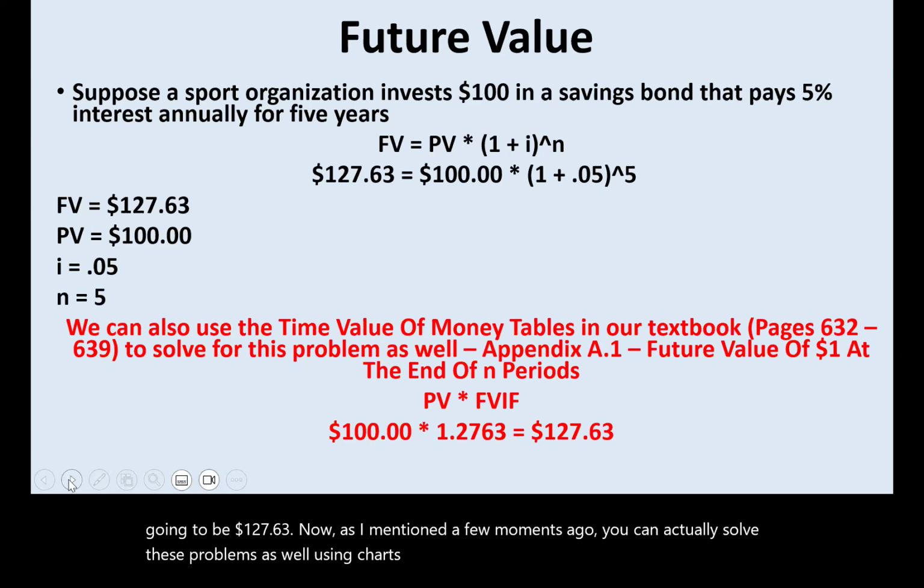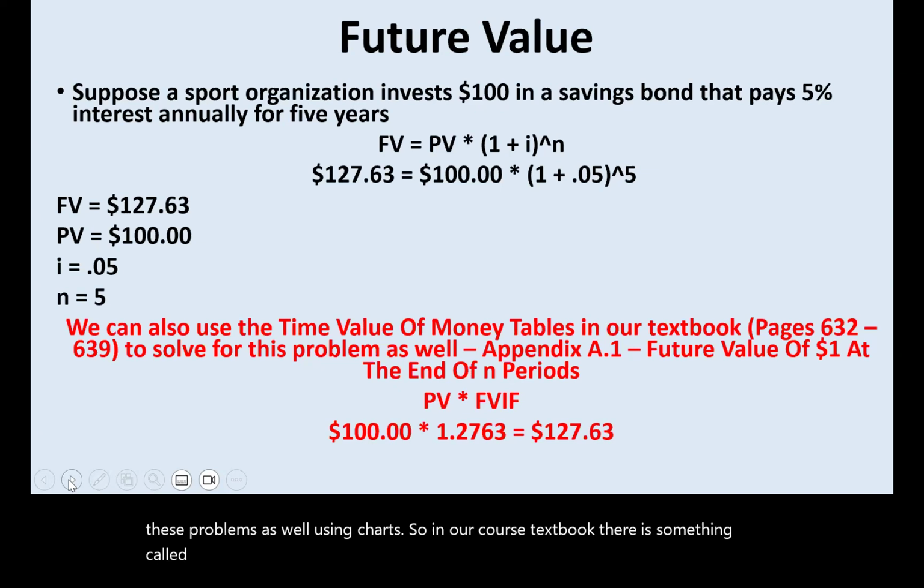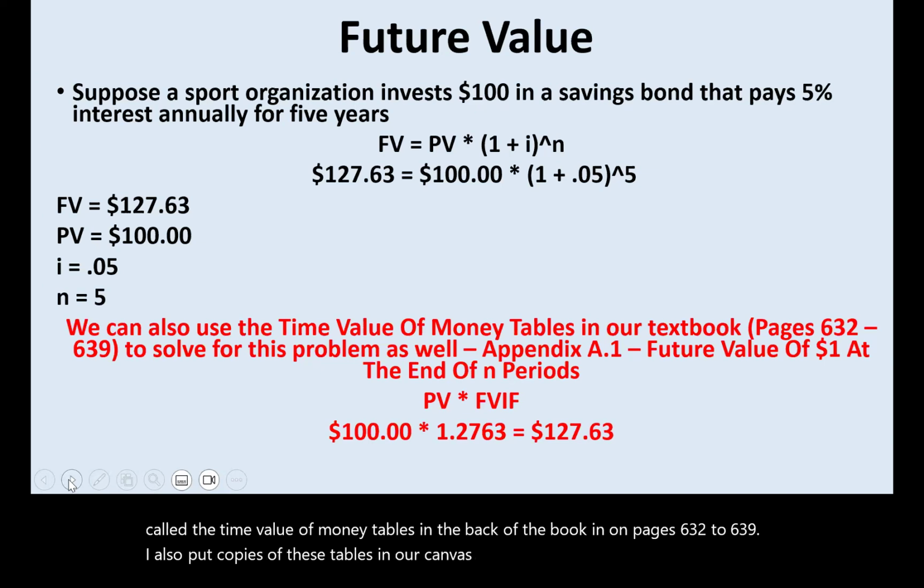As I mentioned a few moments ago, you can also solve these problems using charts. In our course textbook, there are time value of money tables in the back of the book on pages 632 to 639. I also put copies of these tables in our Canvas site in this module.